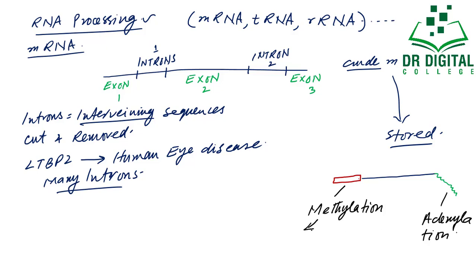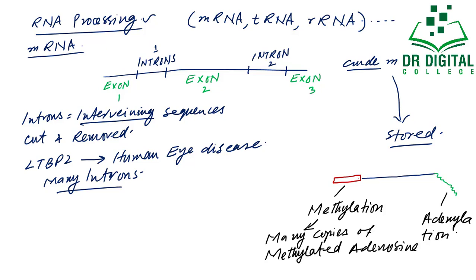Basically, this is a cap of many copies of methylated adenosine monophosphates. So this is ATP, which is methylated ATP. Many copies are there and they are forming one cap.